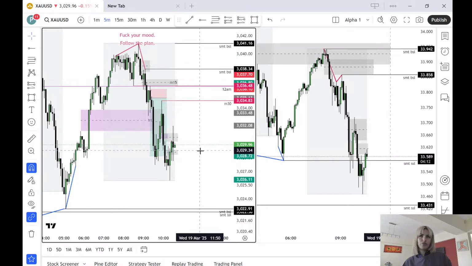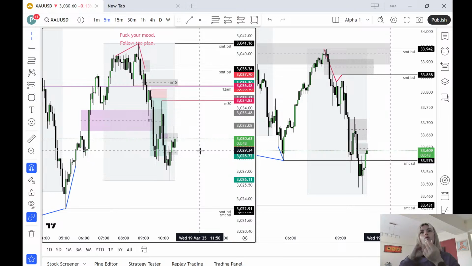So you're doing two things. First, you're not risking before the red folder news. That's why you take one micro lot or something like that, 2 micro lots, something very, very small. Something that even if it goes 100 pips against you, you're not going to be affected in any way, shape, or form.